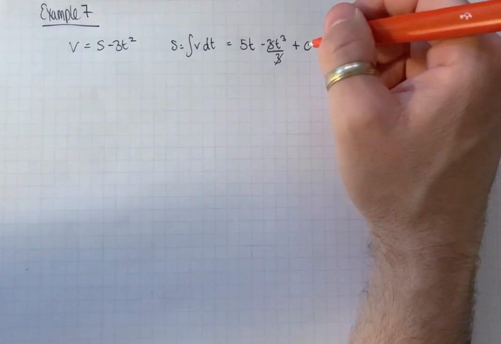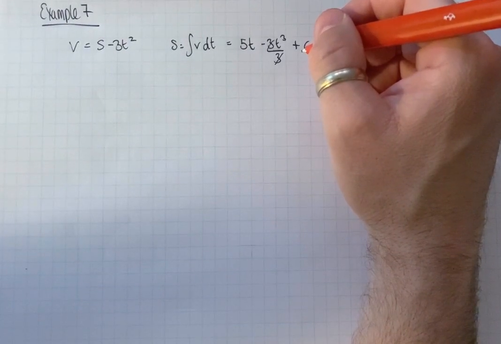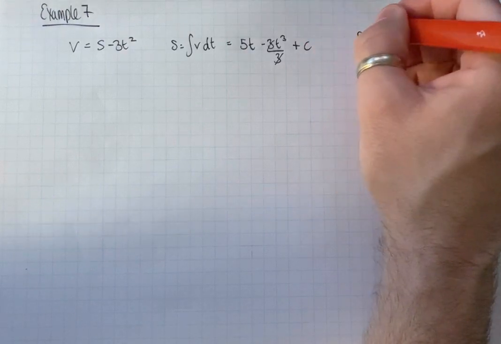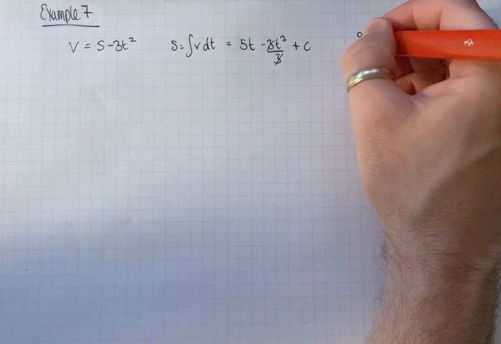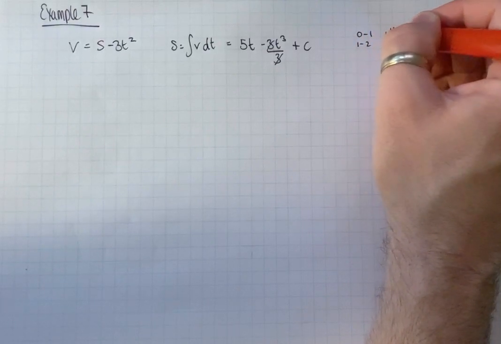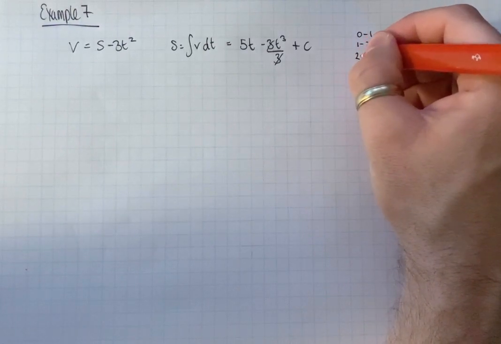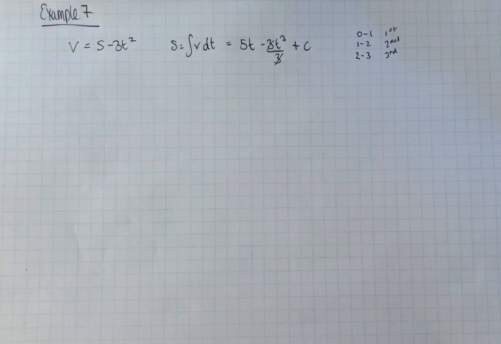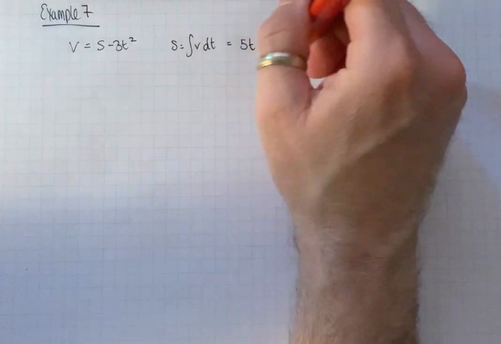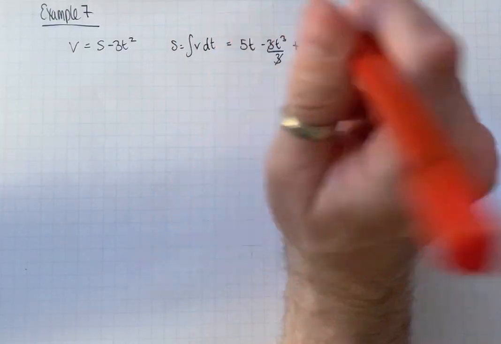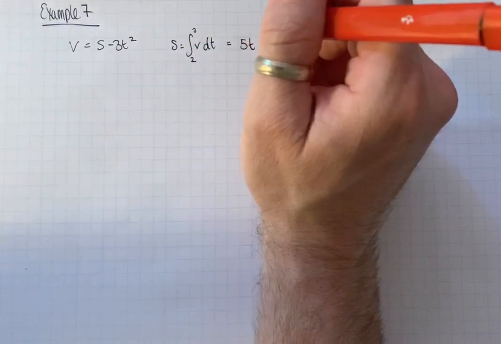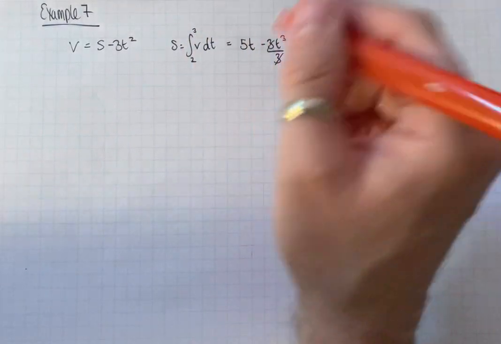However, what we want here is the distance travelled in the third second of motion. So between 0 and 1 second is the first second of motion, between 1 and 2 seconds is the second second of motion, between 2 and 3 is the third second of motion. So what we can do now is apply some limits to the integration, which negates the need to work out the constant of integration. So we're just going to work out what the value of s is between 2 and 3.